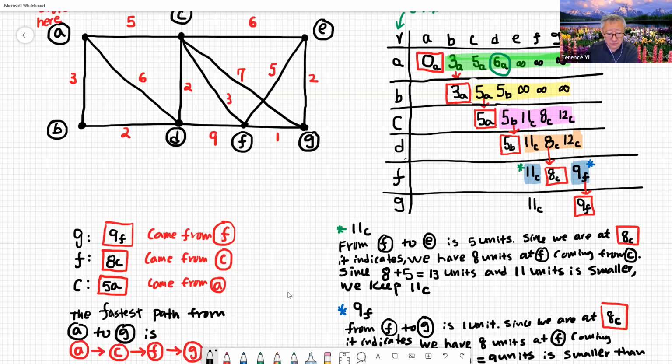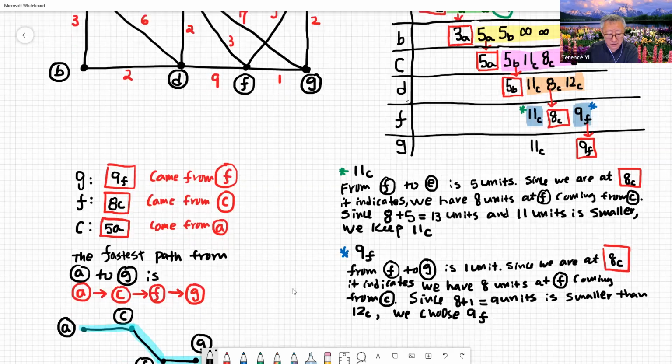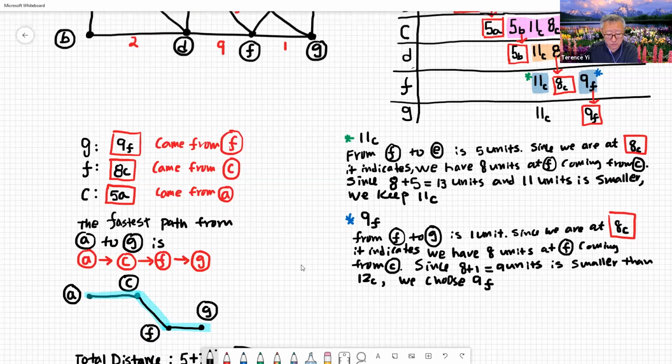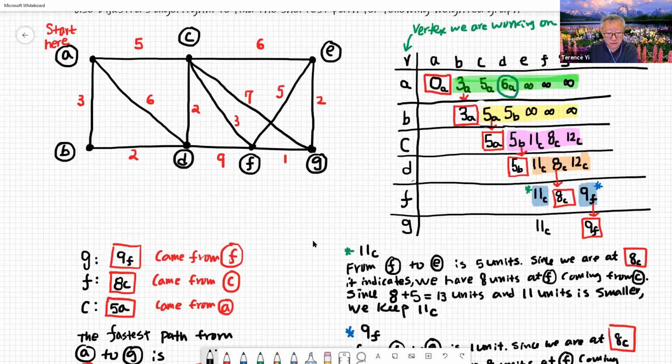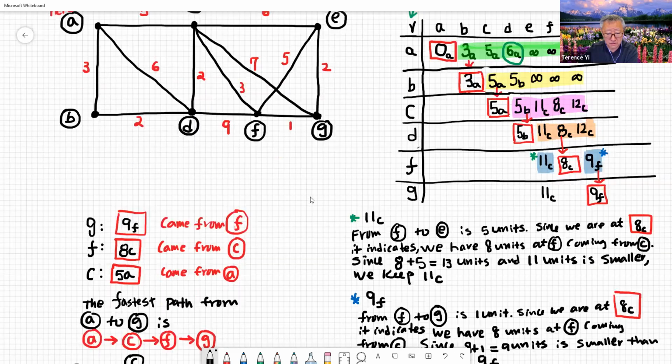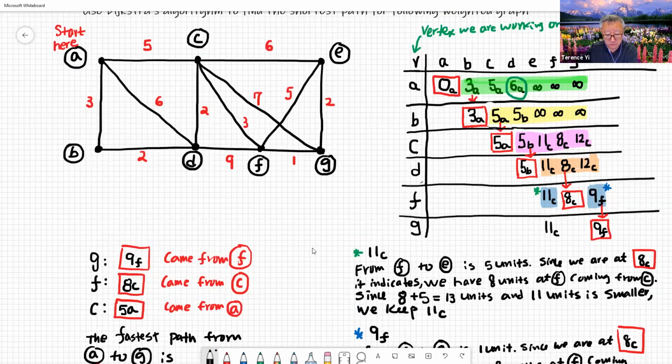So, if you look at the total weights that we are going through for A, C, F, G, it's going to be 9 units, right? Because A to C is 5. Then we go from C to F, that's 3 units. And then from F to G, we get 1 unit. And that's exactly what you see here at 9.